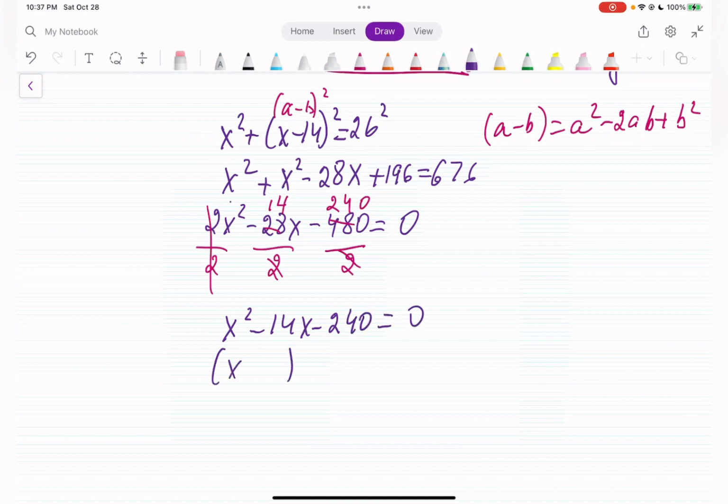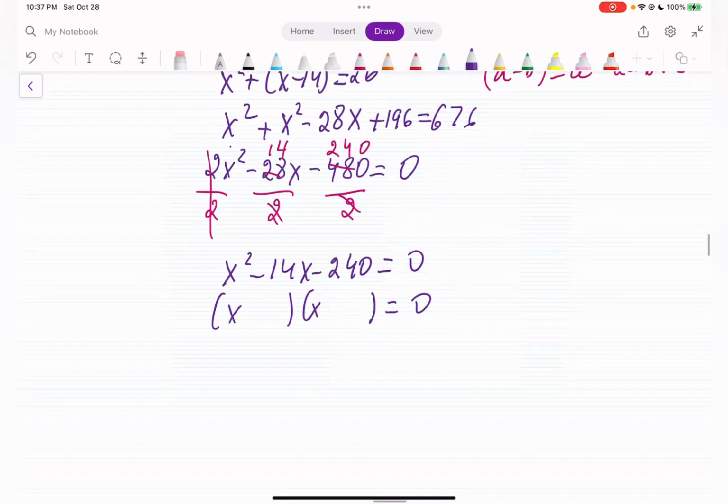Let's see what we get. So I have to find two numbers whose multiplication equals negative 240 and whose addition equals negative 14. So it's going to be 24 and 10, right? 24 has to be negative because here we have a negative sign, and 10 is going to be positive.